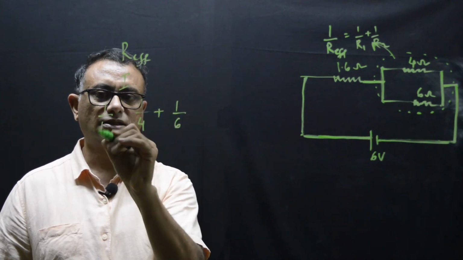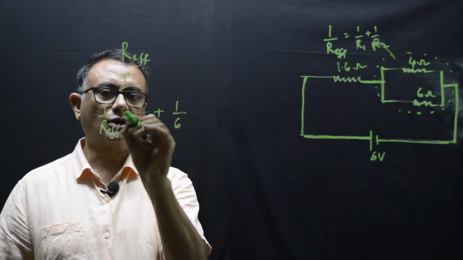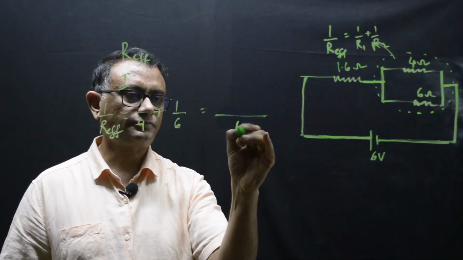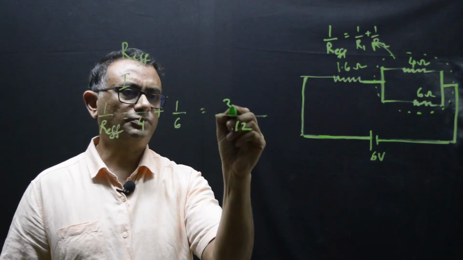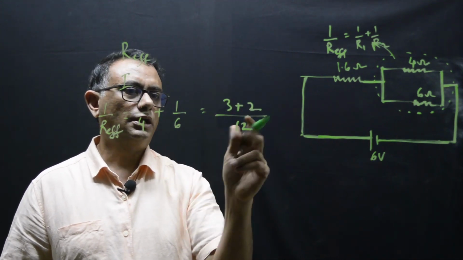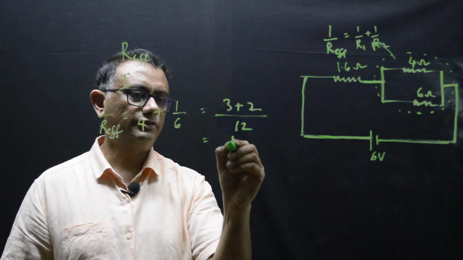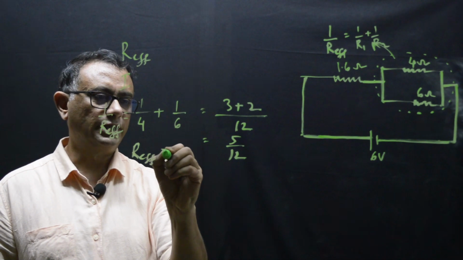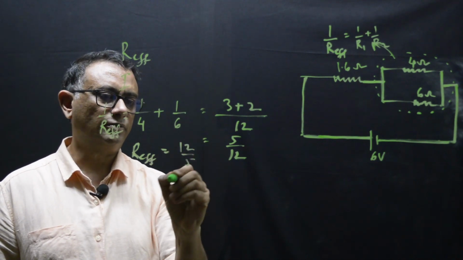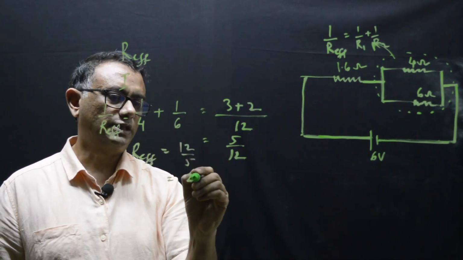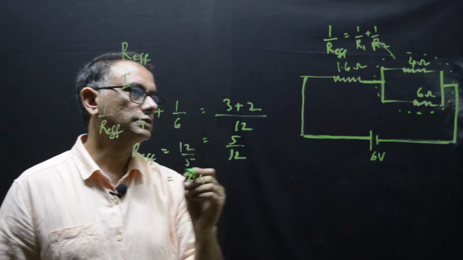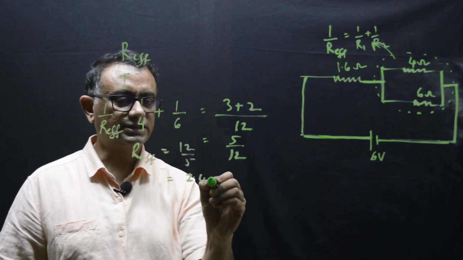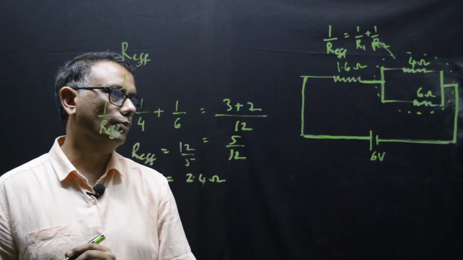So you can say for the parallel block R effective is this, LCM will be 12, 3 plus 2, or it is 5 by 12, or R effective is going to be the reciprocal of that, or 12 by 5. 12 by 5 is 2.4. So the entire thing can be replaced by a resistance which is 2.4 ohm.